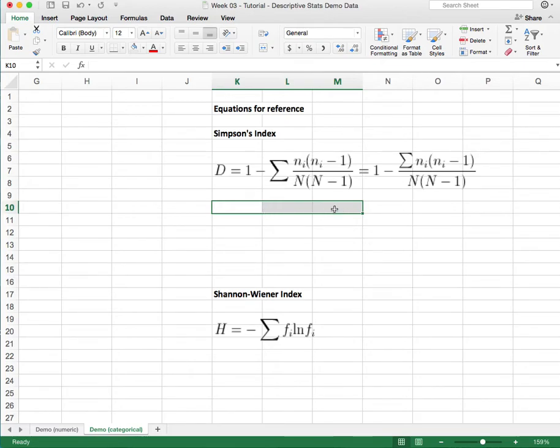This is the way the formula is typically represented. But if you remember your fractions and your basic math skills, this over here is equivalent to this over here. More specifically, because both have the 1 minus portion, this is equivalent to this. And really the only difference is what's happening in the denominator down here.